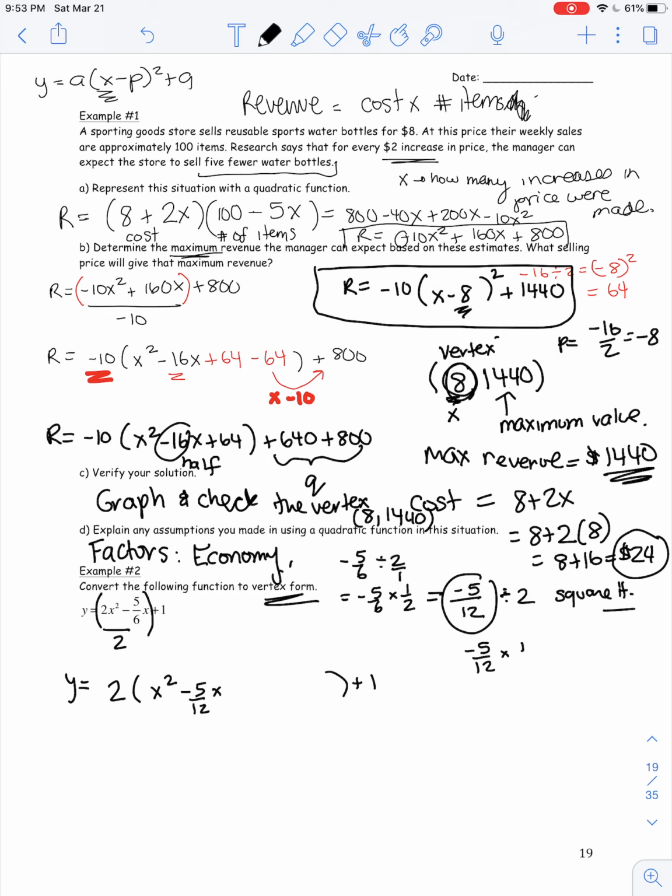We're going to multiply by the reciprocal of 2, which is 1 over 2. We get negative 5 over 24. Then we square that answer, which means you square the top and bottom separately, and you should get 25 over 576. So that is what I'm going to add and subtract.